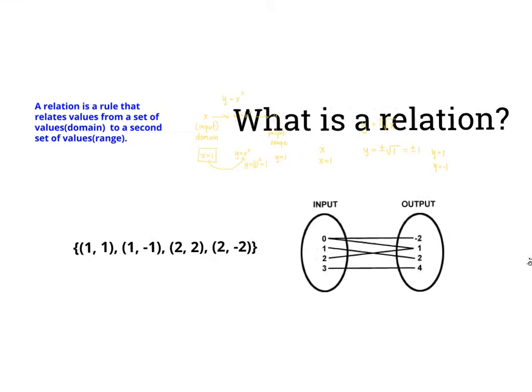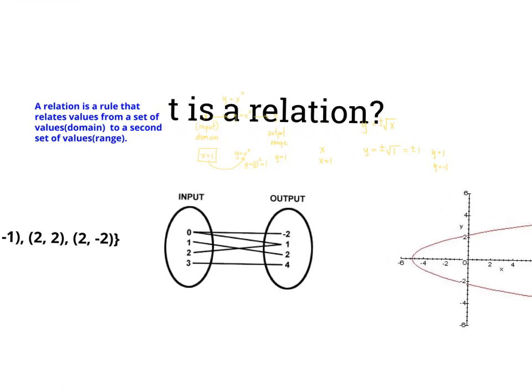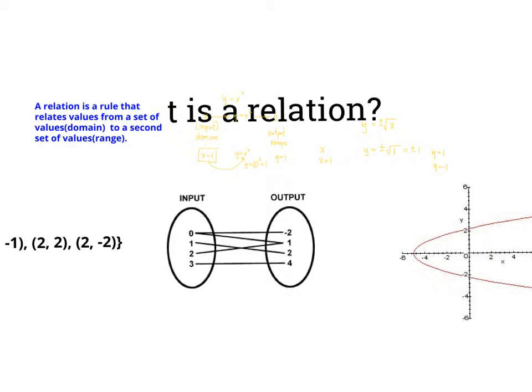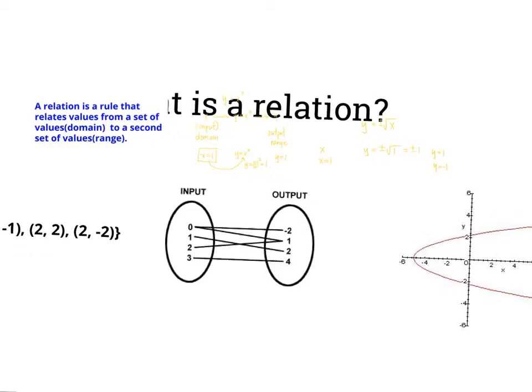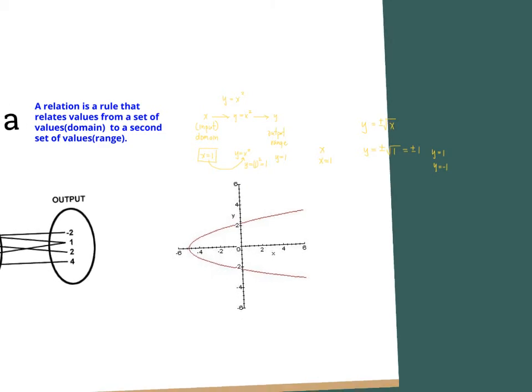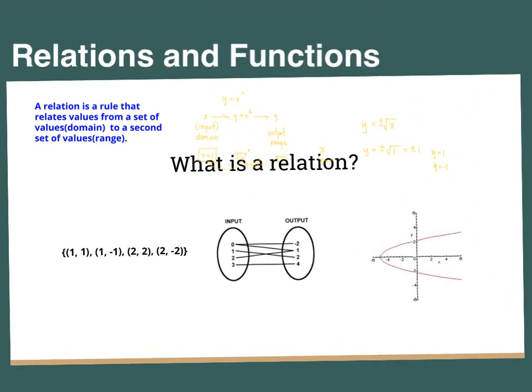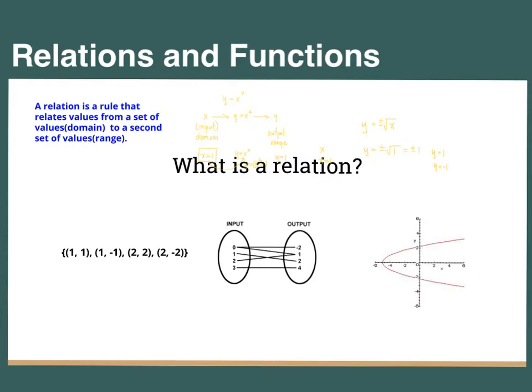The second one is a relation in which we pair up values from a set we call the input and another set we call the output. A relation can also be represented by a graph. So these three could describe a relation.